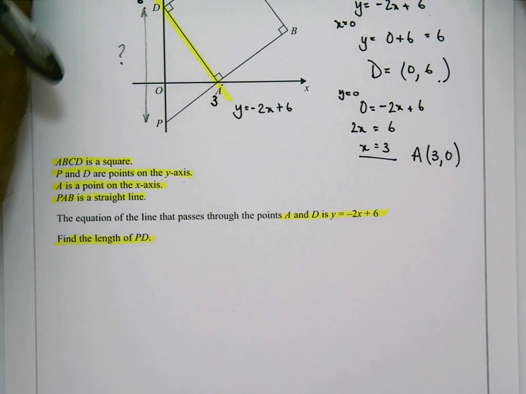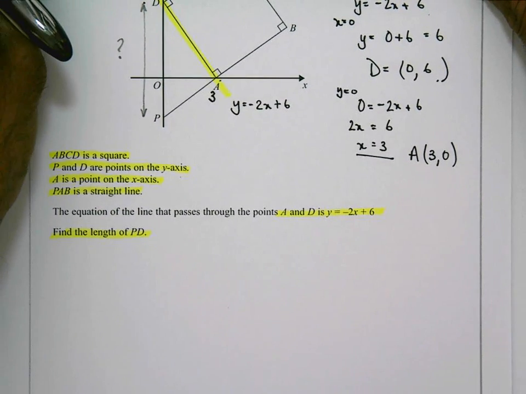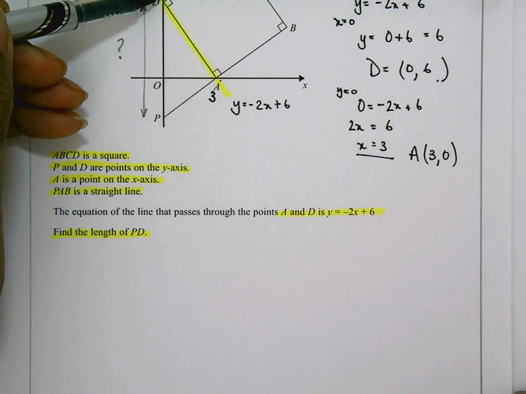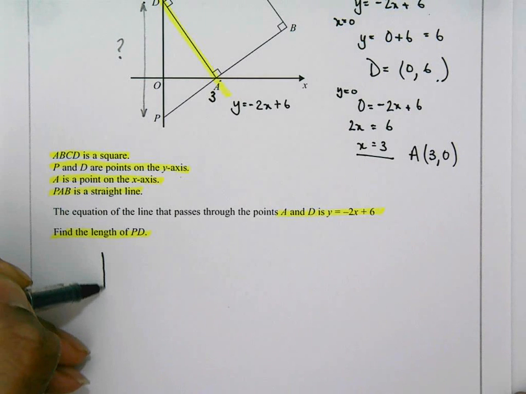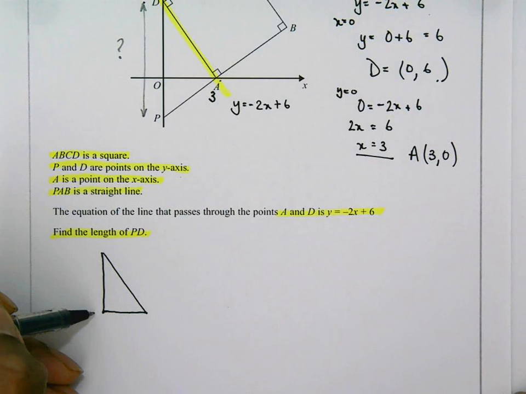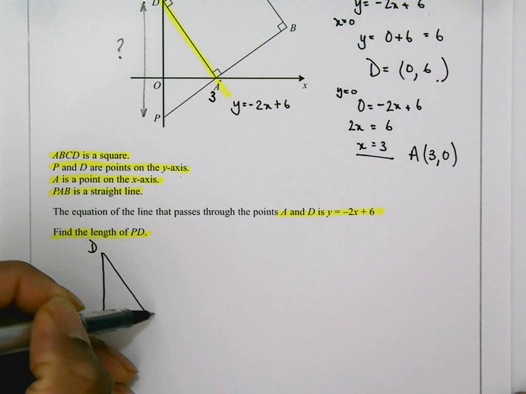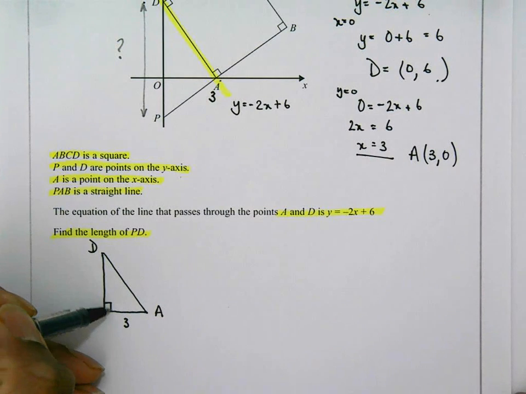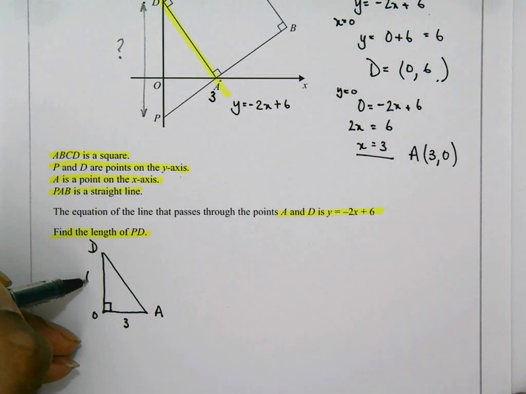So first of all, I'm going to look at the triangle ODA. So if I draw that triangle here, O, D, and A. Now I know the length of this side is 3. I know it's a right angle triangle, and I know the height of this triangle is 6.